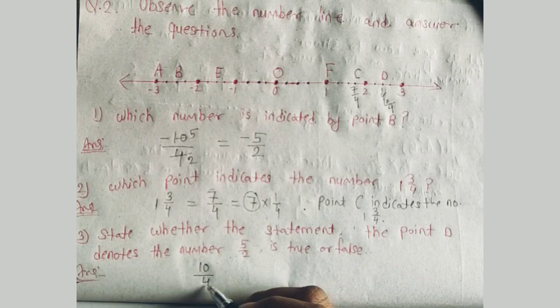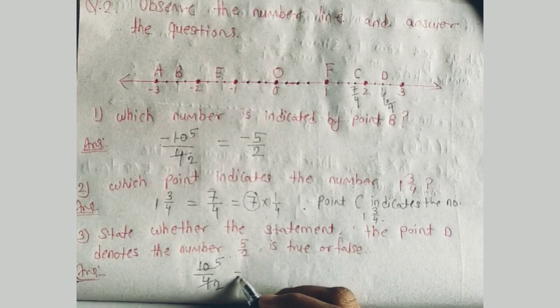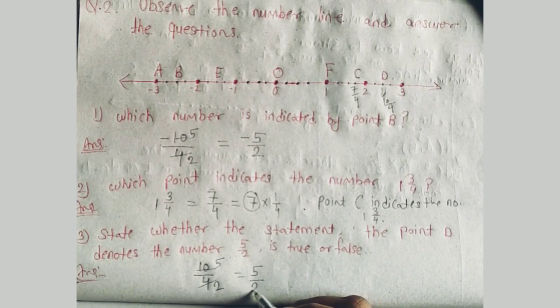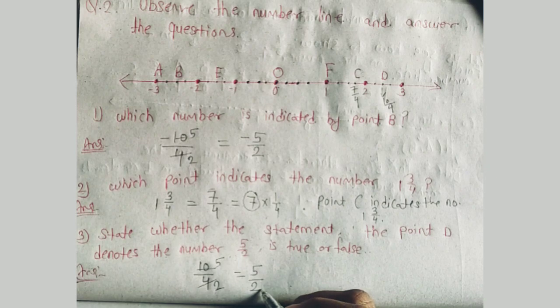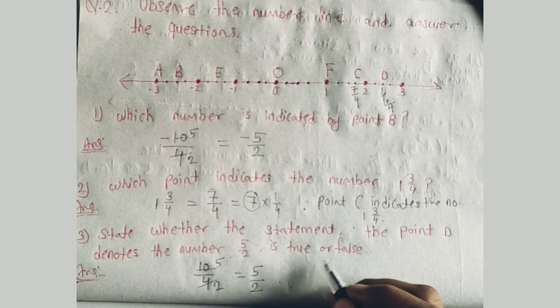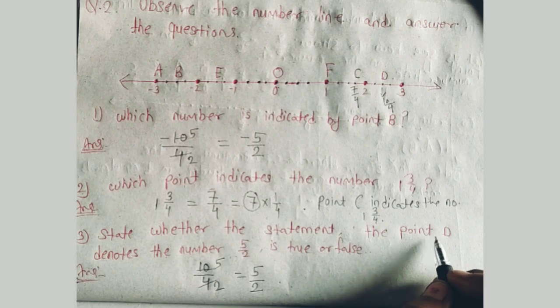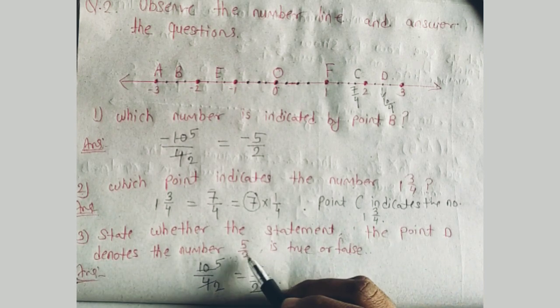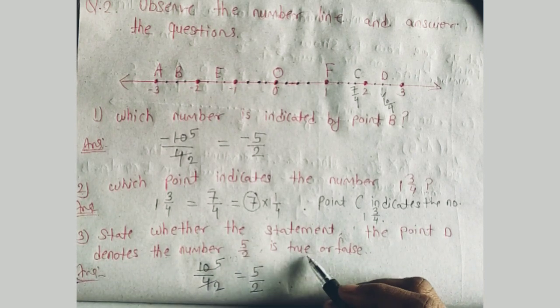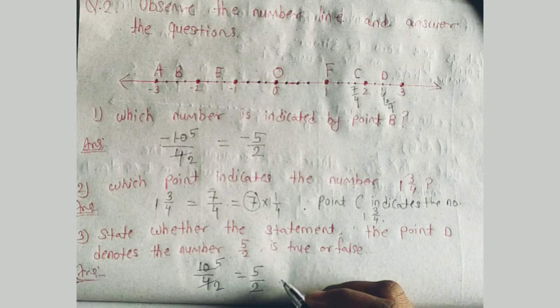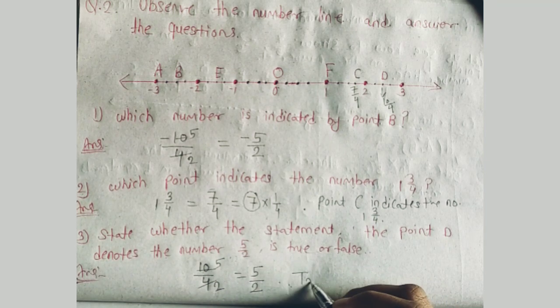But we are getting 10 by 4. We can reduce this. 2 2s are 4, 2 5s are 10, which is equal to 5 by 2. So the statement 'the point D denotes the number 5 by 2' is true. This is a true statement.